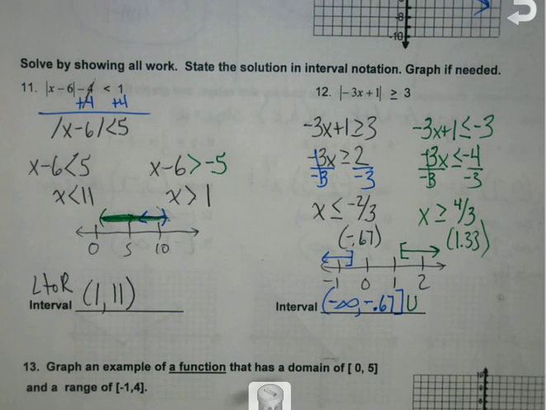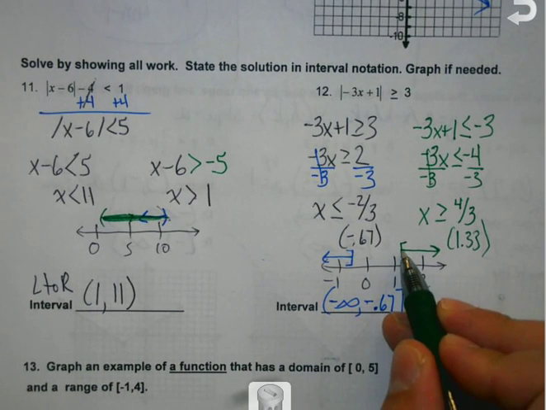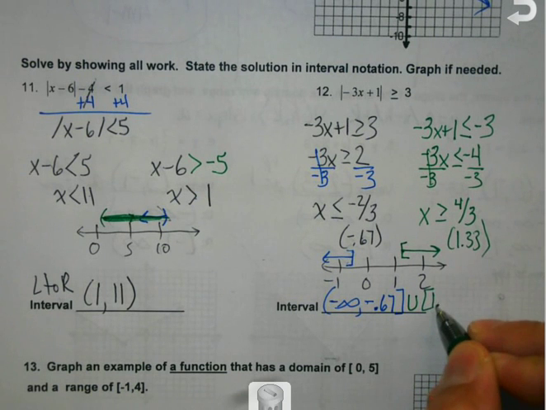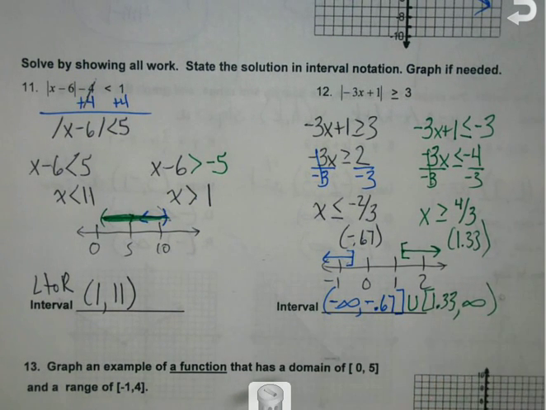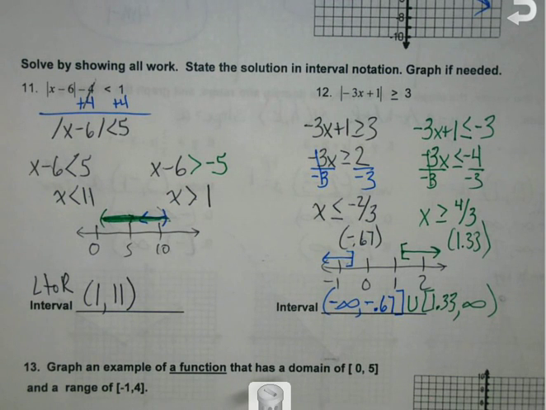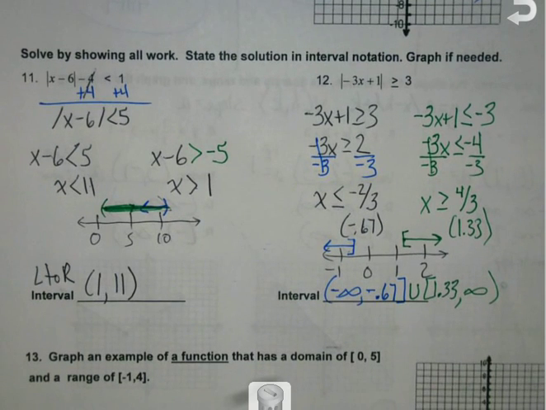So I use the U to bring them together, start up again at my 1.33, and I head forever to the right. So if they're going opposite from each other, that's a really big interval notation. If they come together, it's not quite so much. So you're like, okay, all right, I kind of see the absolute value stuff going, okay.